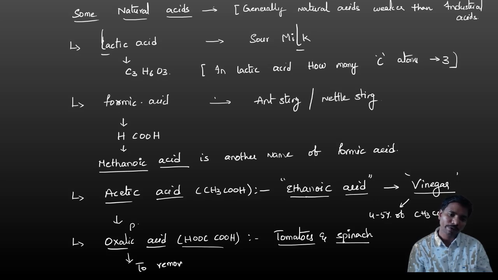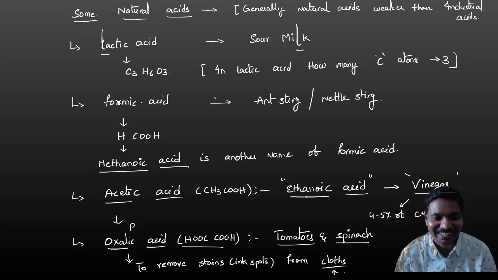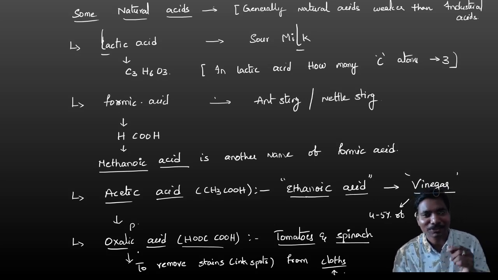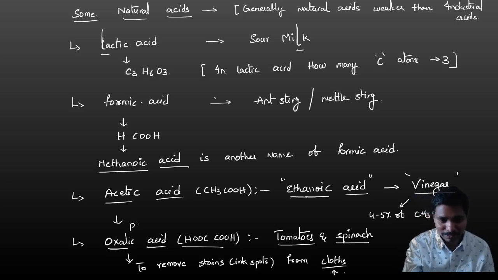That is also a very important previous question: it is used to remove stains, generally ink spots, from cloths. That means don't use tomatoes for cleaning cloths. A small amount of oxalic acid is present in the tomato, so don't use tomatoes to clean the cloths.